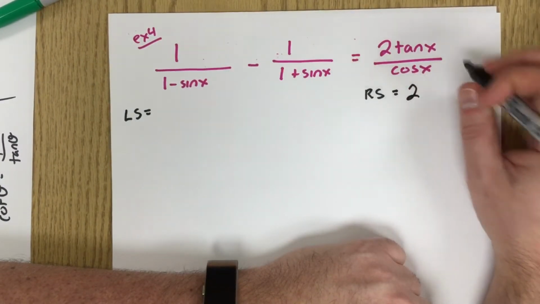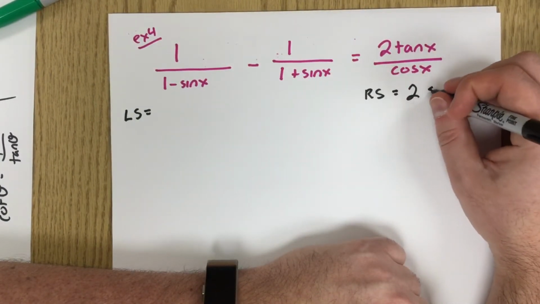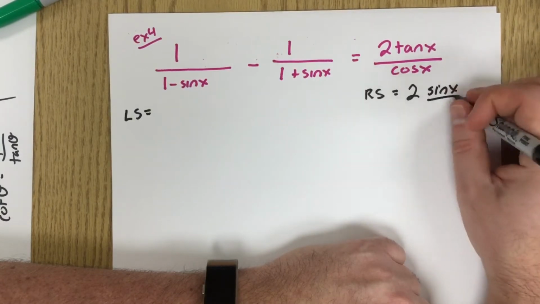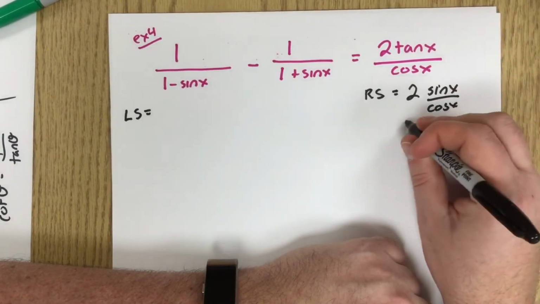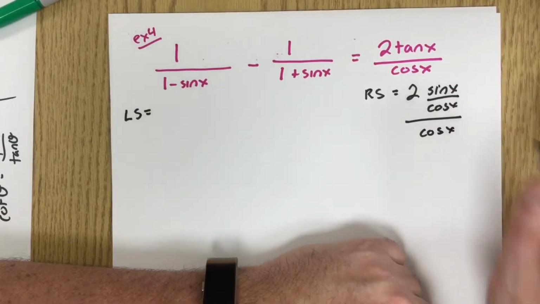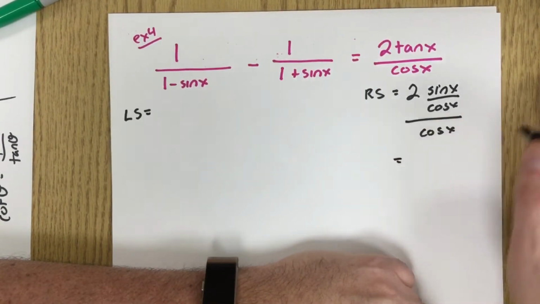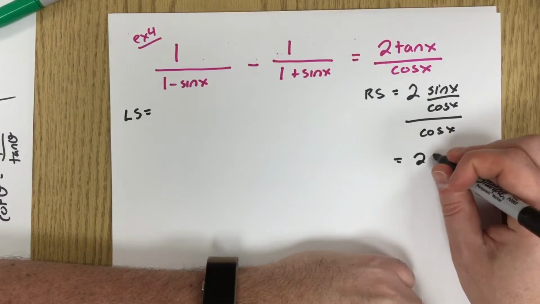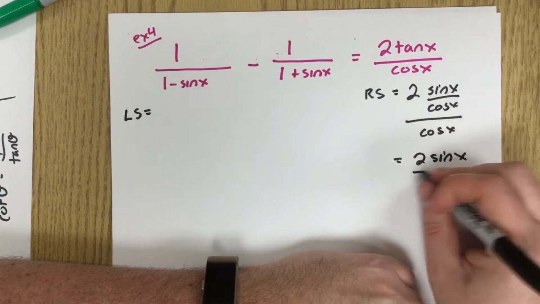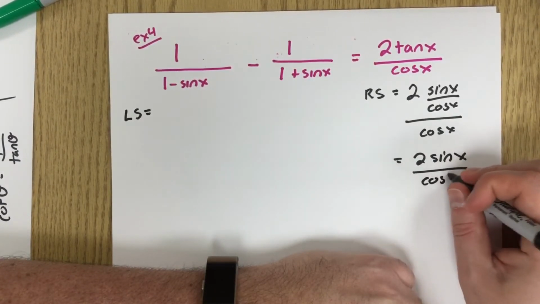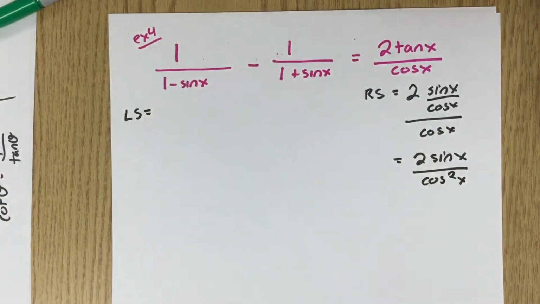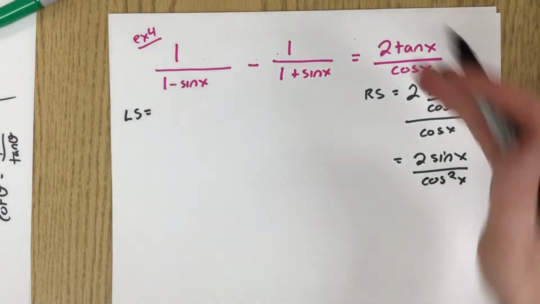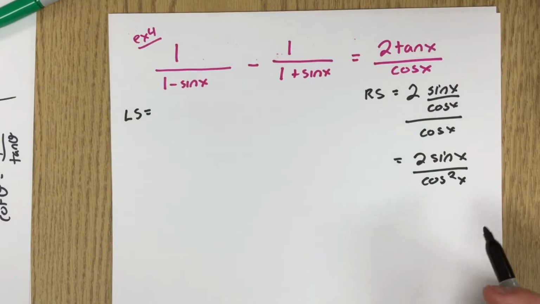So tan of x is sine x over cos x, all over cos x, which you can work out for yourselves, is going to be 2 sine x over cos squared x. And I might stop there. I'm going to stop there temporarily. No one says you have to go completely there.